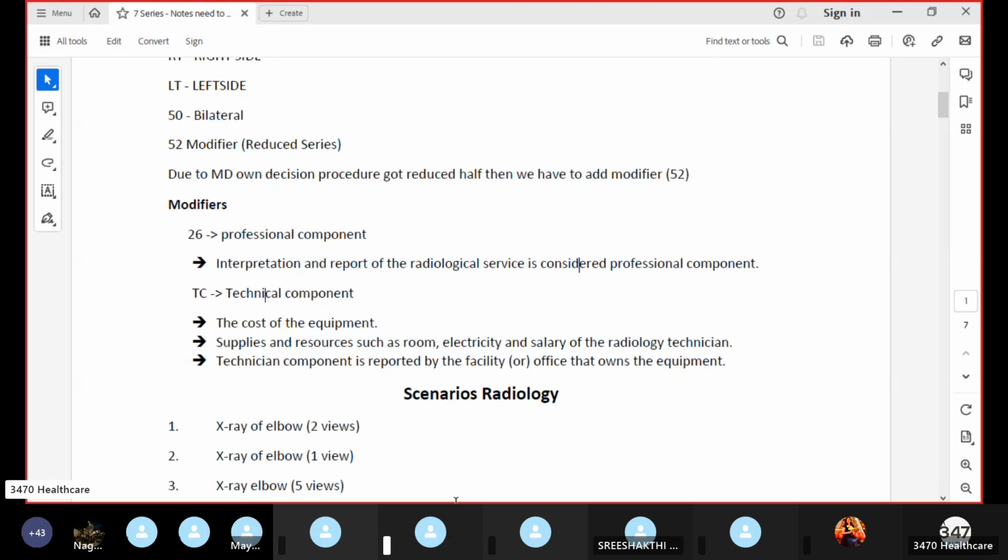Without modifier? But whose equipment? That provider's equipment? He is working in one hospital, so how can it be his own equipment? It is the hospital equipment, the facility equipment, right? Then how will you report it? Think correctly.